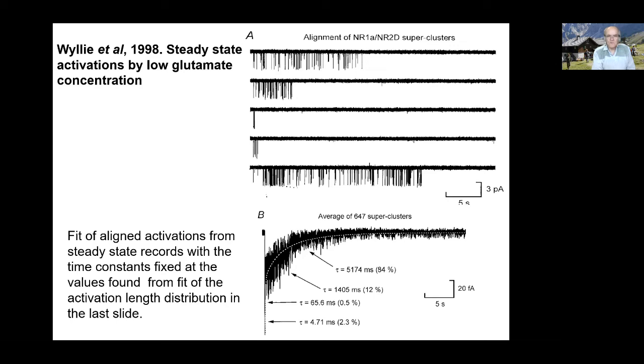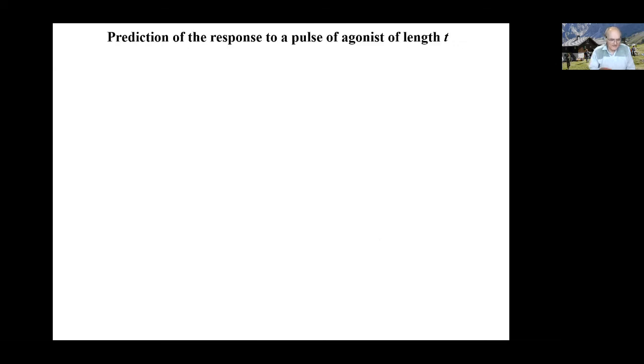But the same time constants will fit. So that doesn't show that our rule was true, that the time constants are the same for the two different ways of measuring it, but it is compatible with that postulate at least.